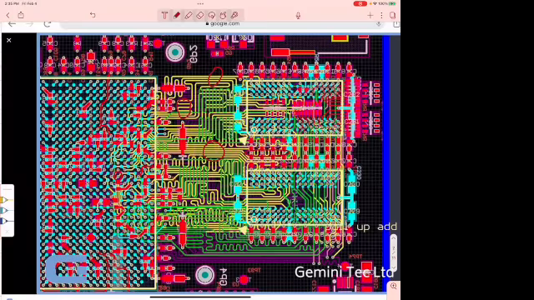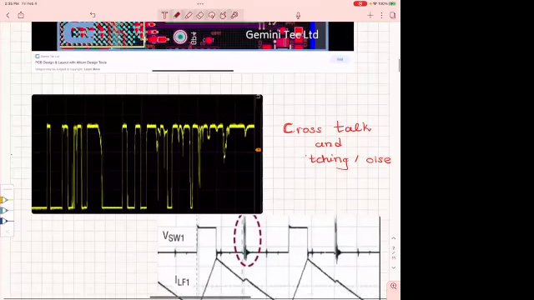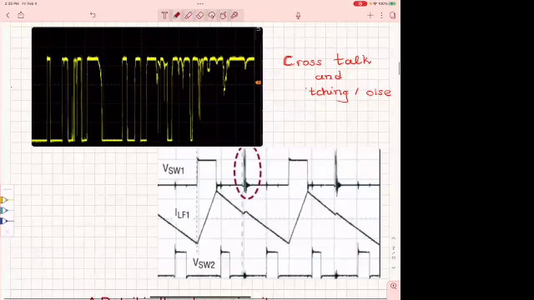After you do your layout, you have to do a full verification, and then you use other types of tools for full verification, where they have much more complex algorithms. But design rules are derived out of simpler solutions.